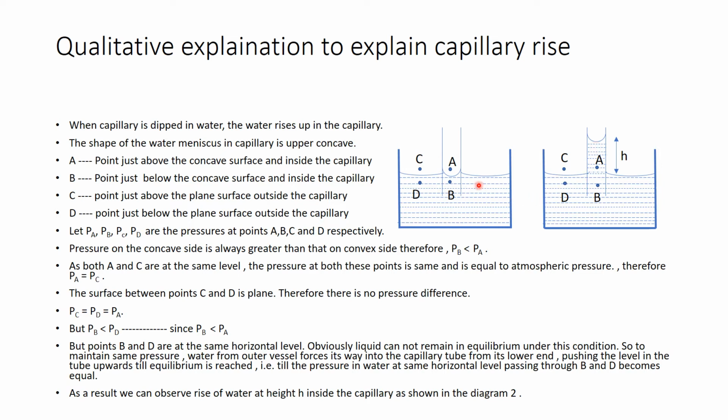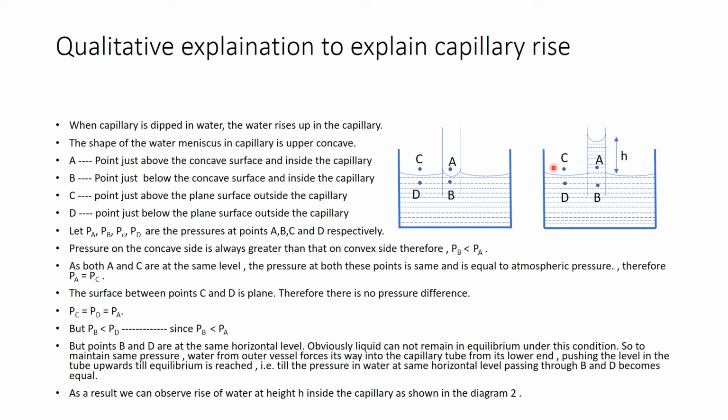Now why does this rise take place, why does the water rise up in the capillary? It can be explained on the basis of pressure. When the capillary is dipped in the water, the water rises up in the capillary, and as I have told you, the shape of the water meniscus in the capillary is upper concave.